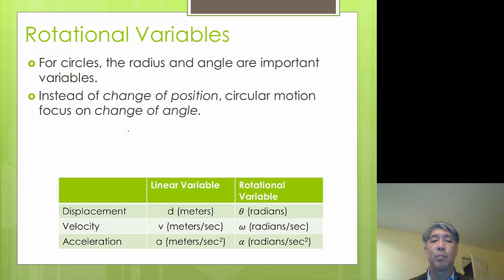So instead of displacement, velocity, and acceleration, d, v, and a, as shown under linear variables, we're going to be using rotational versions of the same descriptions. Except for displacement, we're going to be using the Greek letter theta, and for velocity, the Greek letter omega, and for acceleration, the Greek letter alpha. These are all going to be in radians or radians per second, and I'll show you what I mean by displacement.